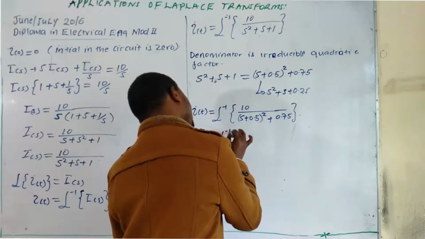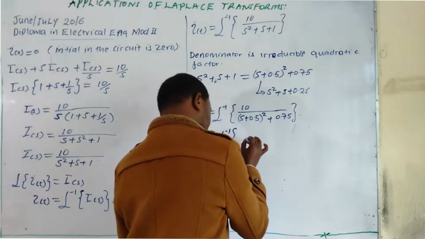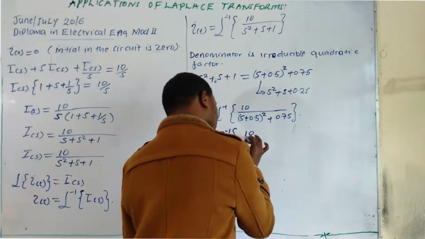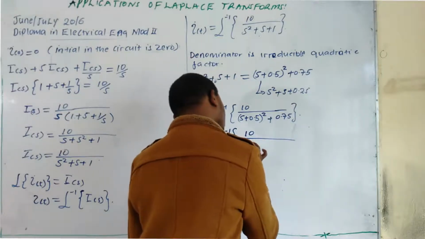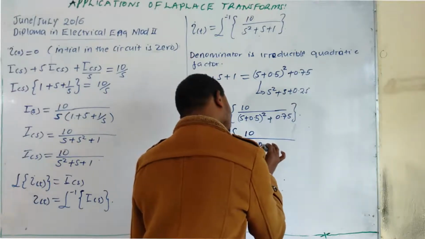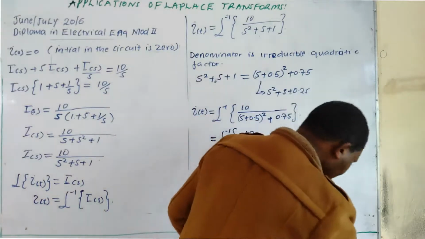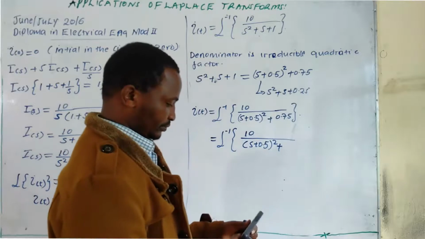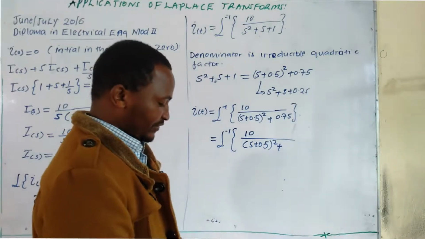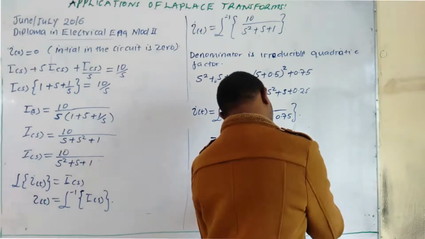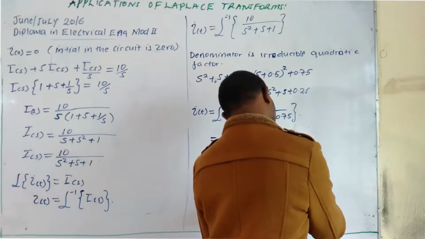The inverse Laplace transform of 10 over (s plus 0.5) squared plus, what is the root of 0.75? 0.866, squared.